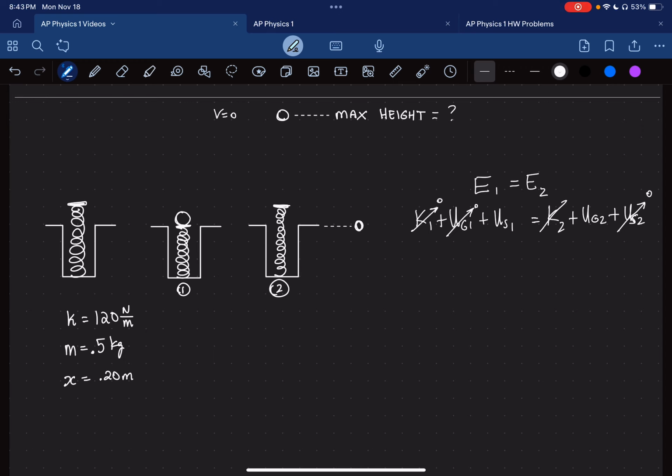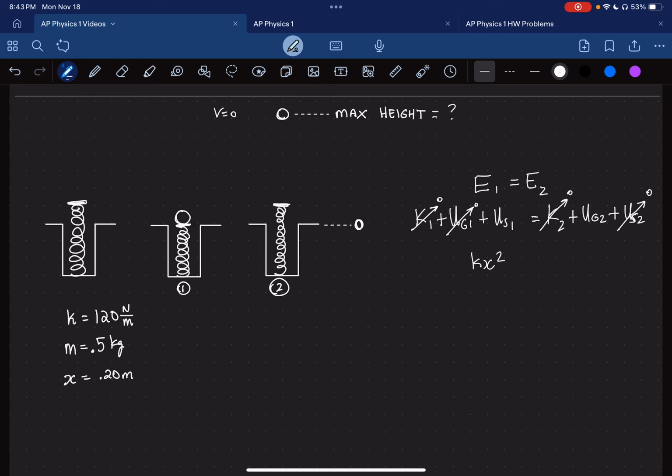And so there is no kinetic energy at this position. In between here somewhere it did, but it's slowing down and it'll reach zero kinetic energy there. And so all of the spring potential energy has been transformed into gravitational potential energy.